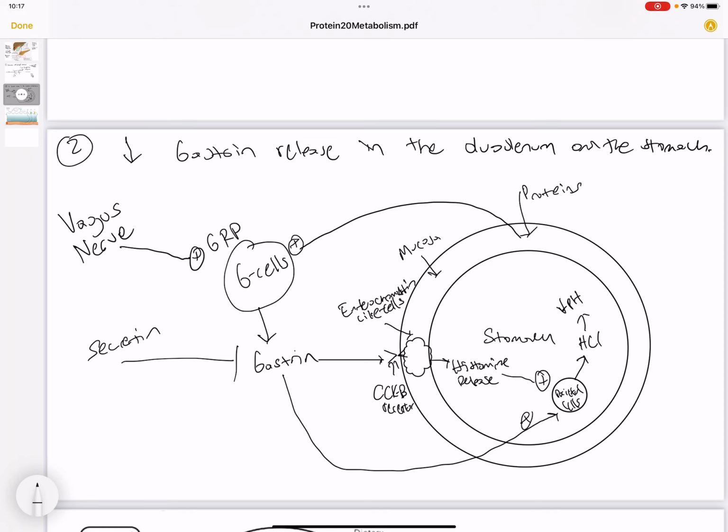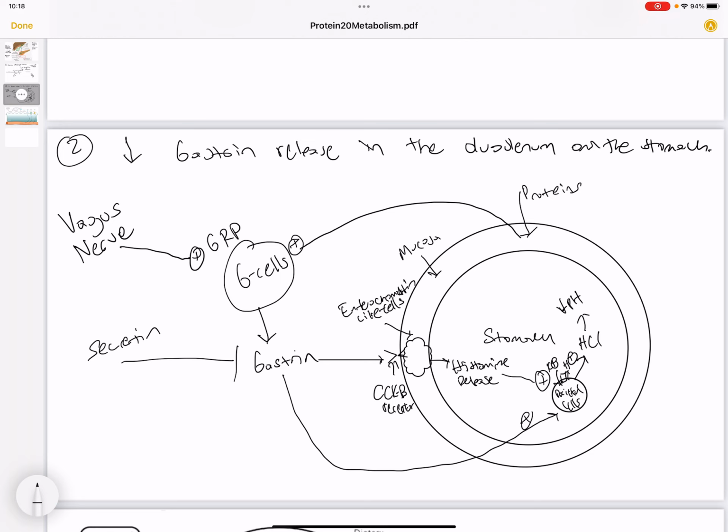One other important thing that we need to touch on is that in the parietal cells, gastrin is going to put these transporters on the membrane, and these transporters are going to pump hydrogen out to the stomach, and potassium is going to come into the cell, and this is how it is going to acidify the stomach.